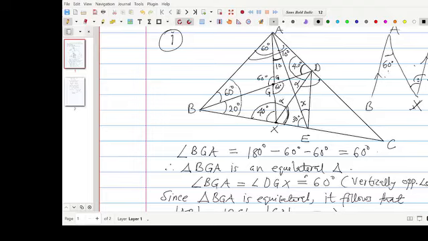Can you see that? So that means this one is 80 degrees. And that implies that the triangle DCOX is an isosceles triangle. All right? So that means this portion will be 20 degrees. It will be 20. Let me mark it out. It'll be 20 degrees. All right. So we've done that already.